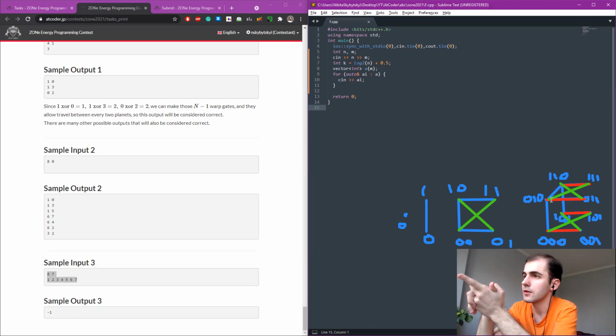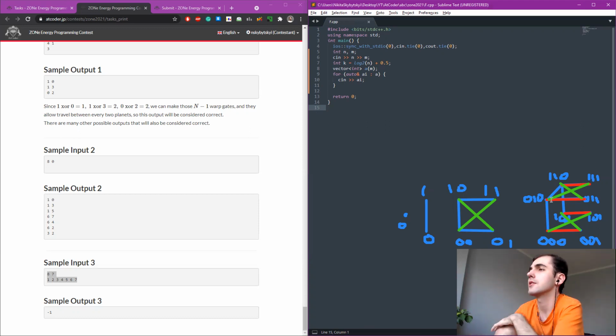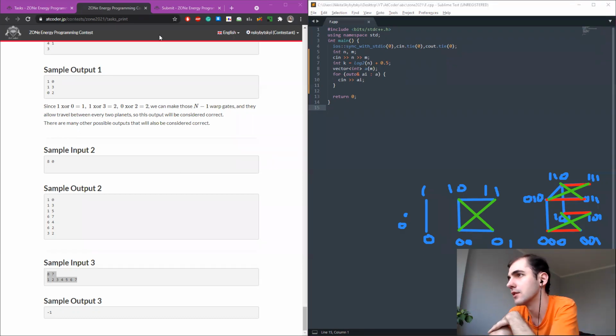Is it correct? No, it's not correct. I'm still wrong. We can remove this, and we can remove this, and then this, and this. They always have a XOR of 100, which is 4, of course. So we have 3 cardinal directions, and still we don't have anything.